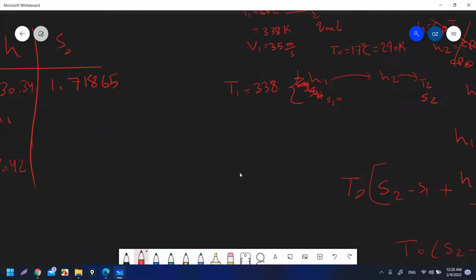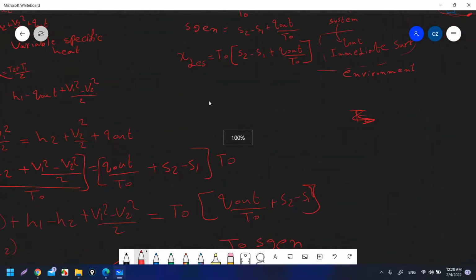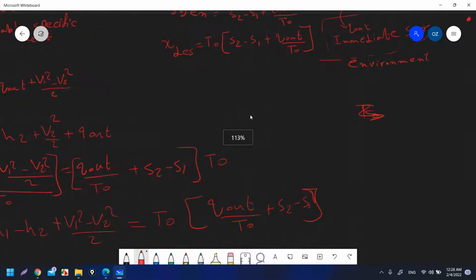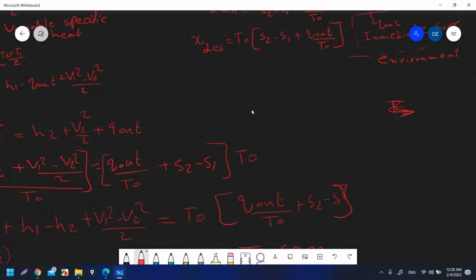Okay, so S2 and S1 can be found from the equation for the variable specific heat. S2 minus S1 is equal to S2 naught minus S1 naught minus R ln P2 over P1.